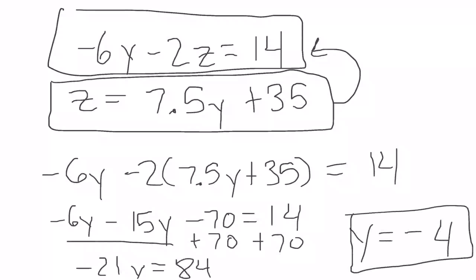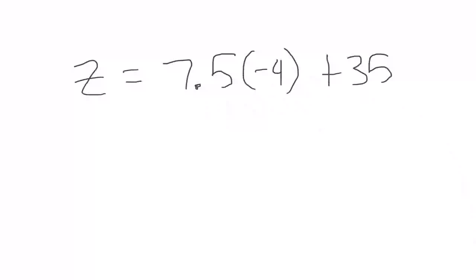So now that I know that y equals negative 4, I can plug that into here and figure out what z equals, and then plug that z into the final x equation and find what that all equals. So I'm going to write that on a new page, and we'll see how that works.